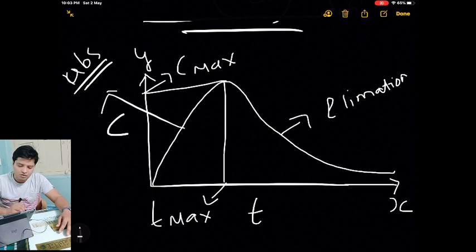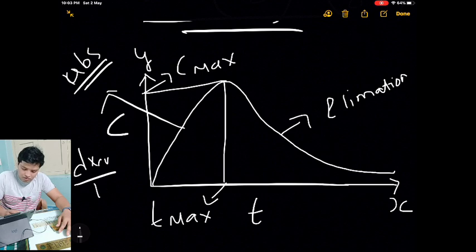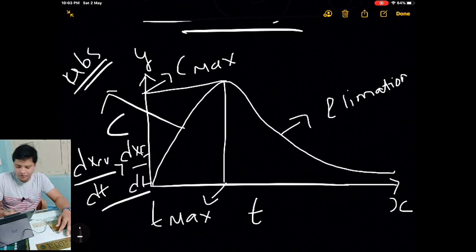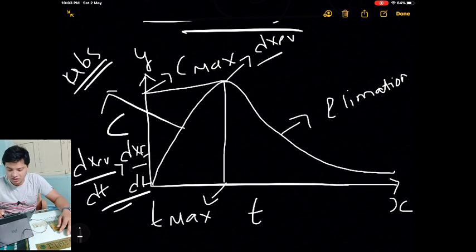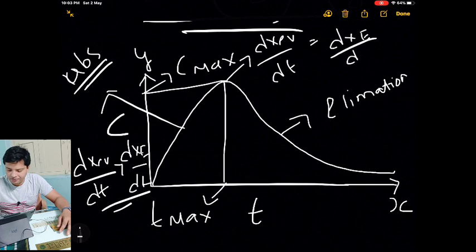So what happens in the absorption phase? Rate of absorption will be greater than rate of elimination. This is what happens in the absorption phase. At maximum, the rate of absorption, because it is extravascular, I am mentioning it as EV, is equal to the rate of elimination.